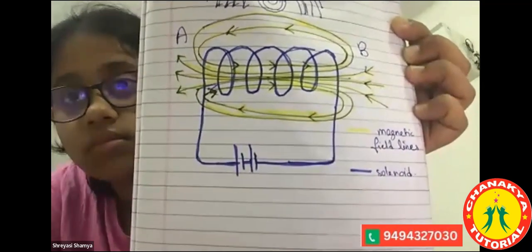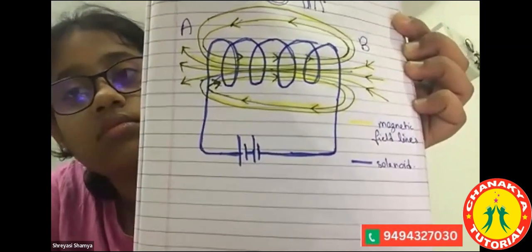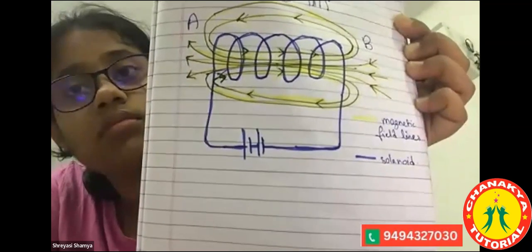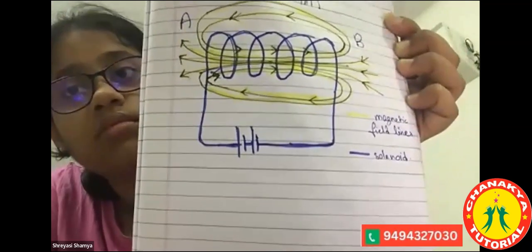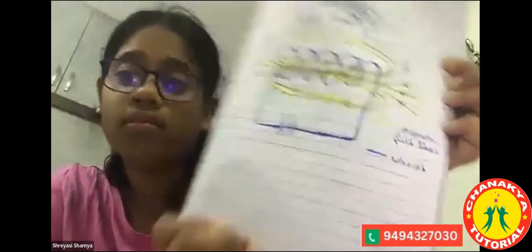That's why I told you not to make this one as a solenoid. You yourself will be confused. What is the direction of winding? If you look from one side, it will look like it's folding like this. If you look from the other side, it will show something else.